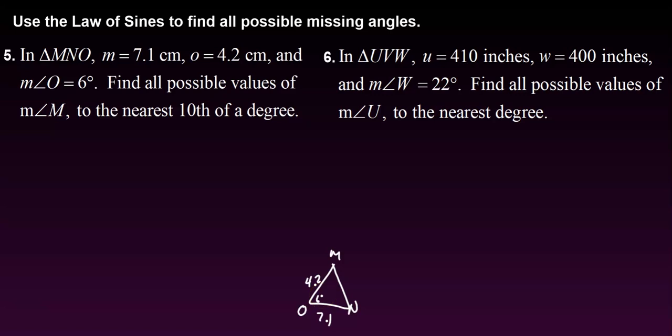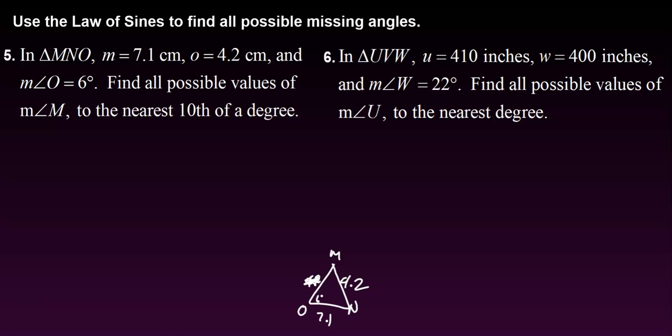Just like the first problem last time, they gave me two of the sides, but... Actually, I just wrote one of these numbers in the wrong place. 4.2 goes on O, not here. This goes here. That makes much more sense now. Ignore what I was saying a minute ago.